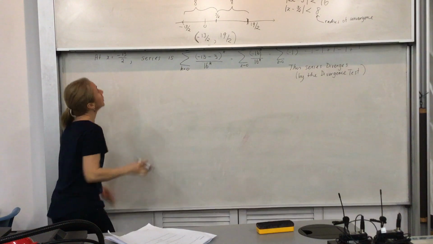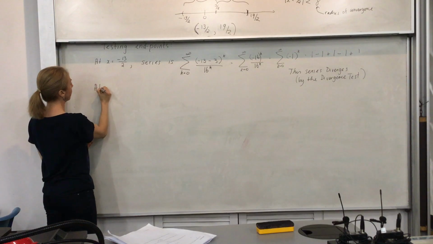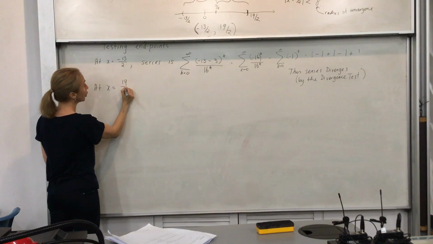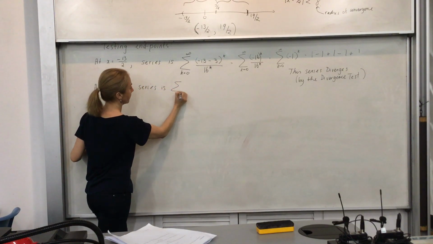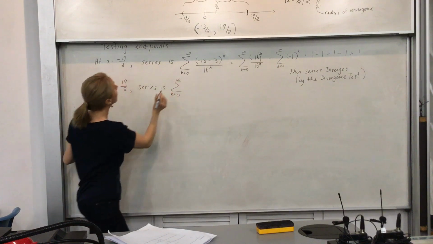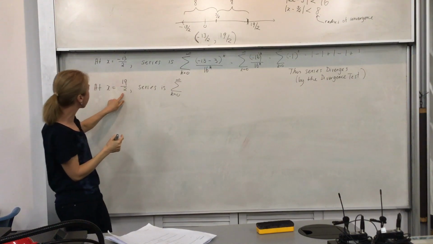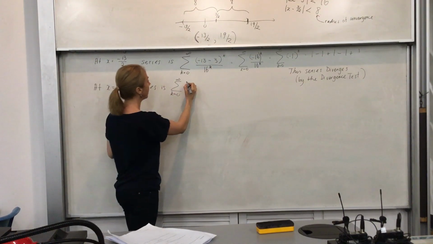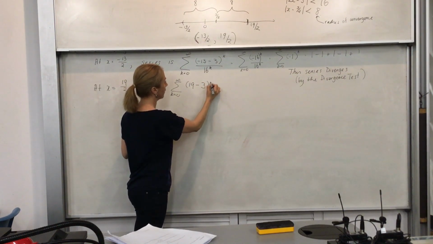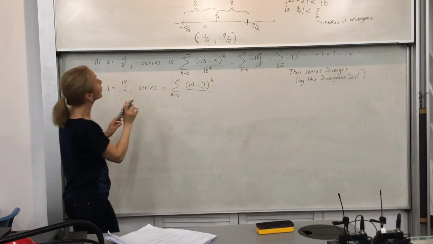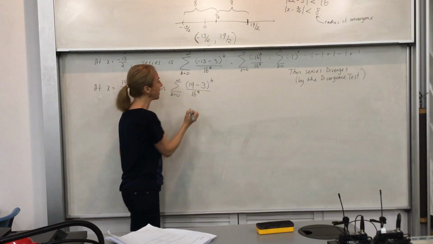So at x equals 19/2, the series becomes, again, the general term is (2x minus 3) to the k, so 2x, 2 times 19/2, is 19, minus 3, all to the k, over 4 to the 2k, which again is equivalent to 16 to the k.